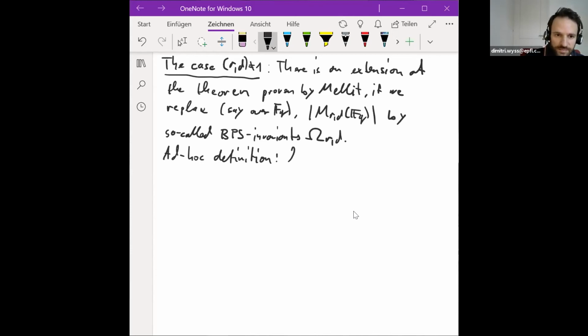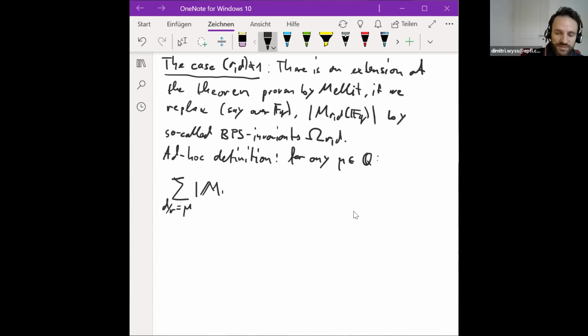For any rational number mu, they are defined by the following relation. So generating series, basically. You look at the quotients d over r that equal this rational number mu.